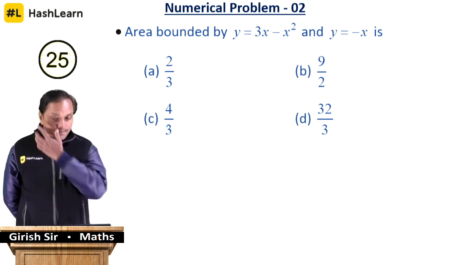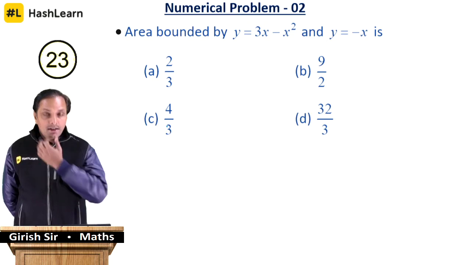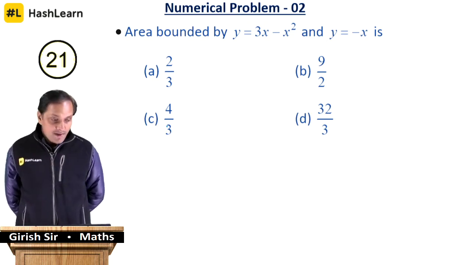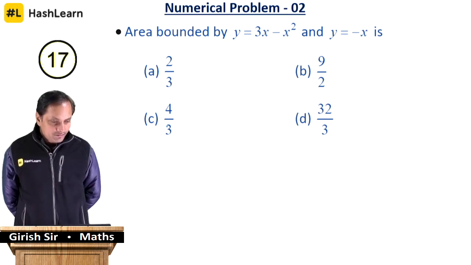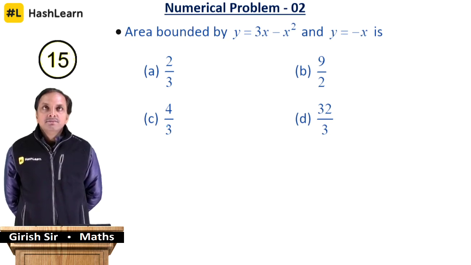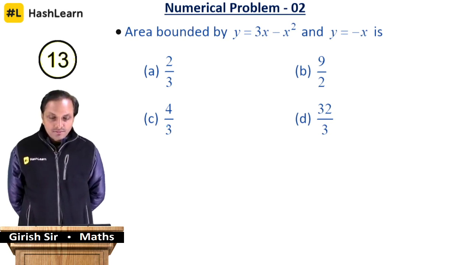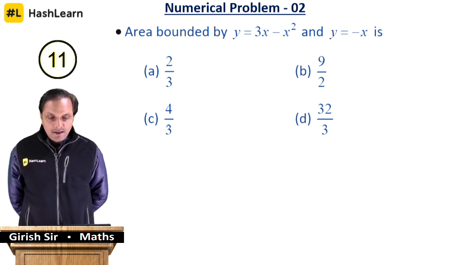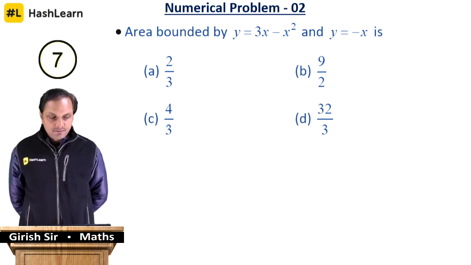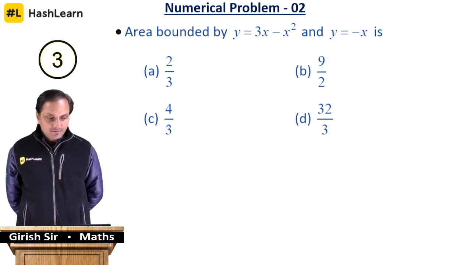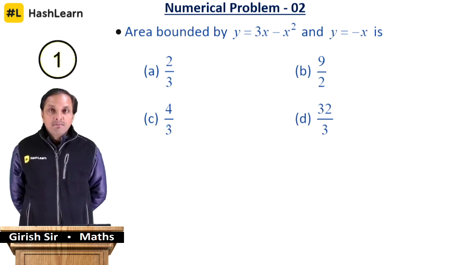One is a parabola and the other one is a line, y is equal to minus x. Yes, come on, Sanskruti and Arun. Left with 10 more seconds. Time up.